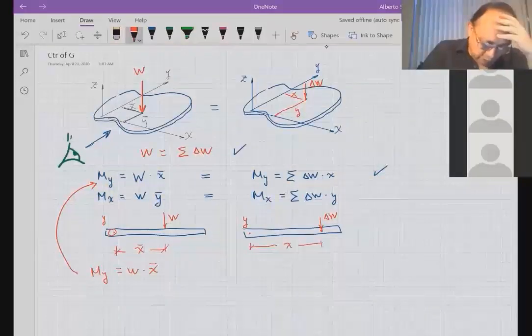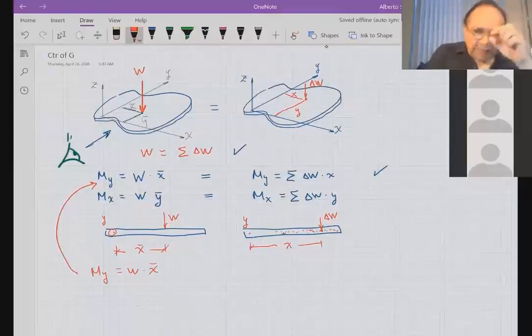So if you take all the points that make up the plate, each one will be producing a tiny little moment.